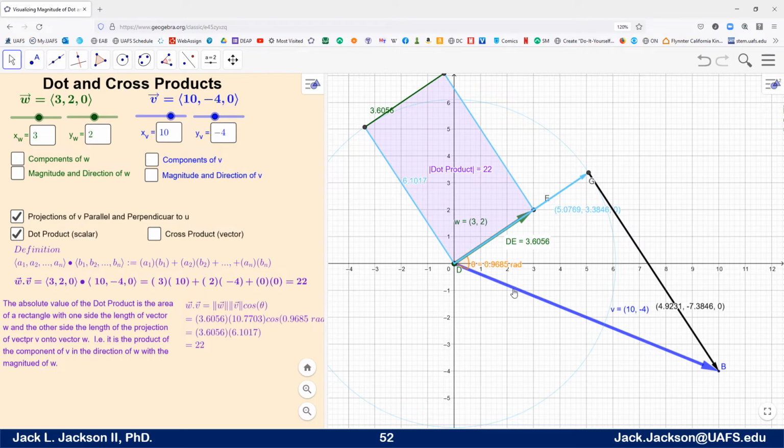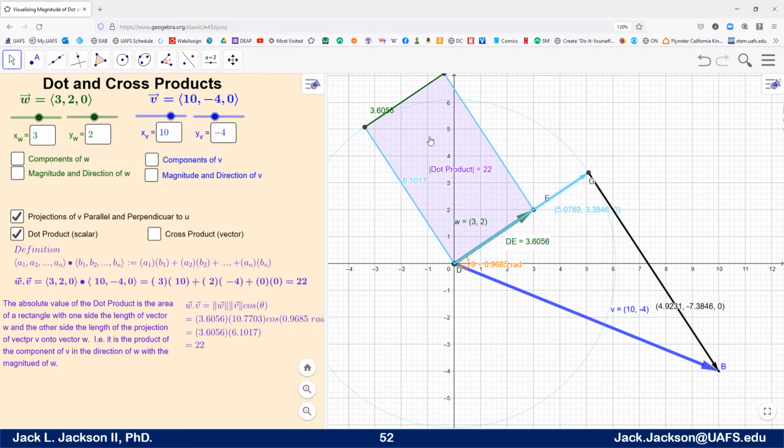So we can think of this blue vector, V, as being the sum of two vectors, one going in the direction of W and then one going perpendicular to that. Now it turns out the perpendicular component has nothing whatsoever to do with the dot product, but the parallel component does. You're just multiplying the length of that vector times the length of the green vector here.